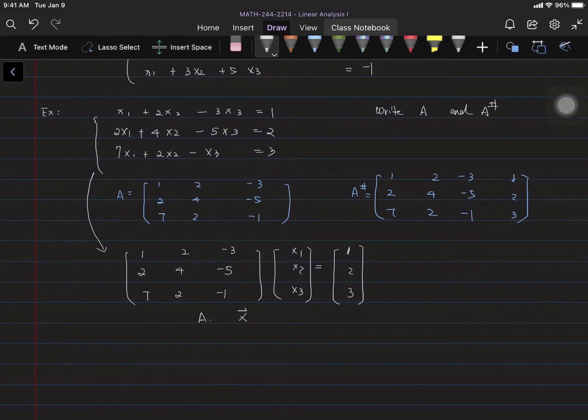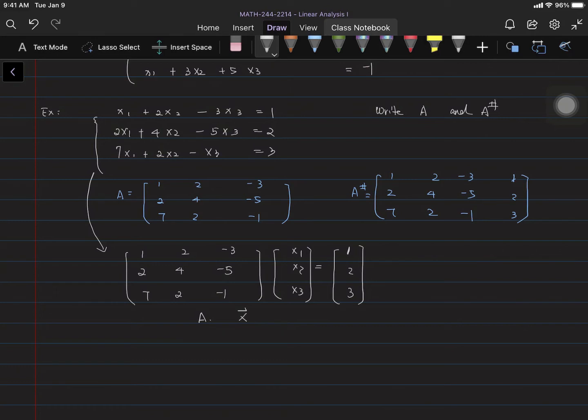The second row times the column vector gives us number 2, and the third row of the coefficient matrix times this column gives us number 3. So when we do the product, it gives us all the equations.